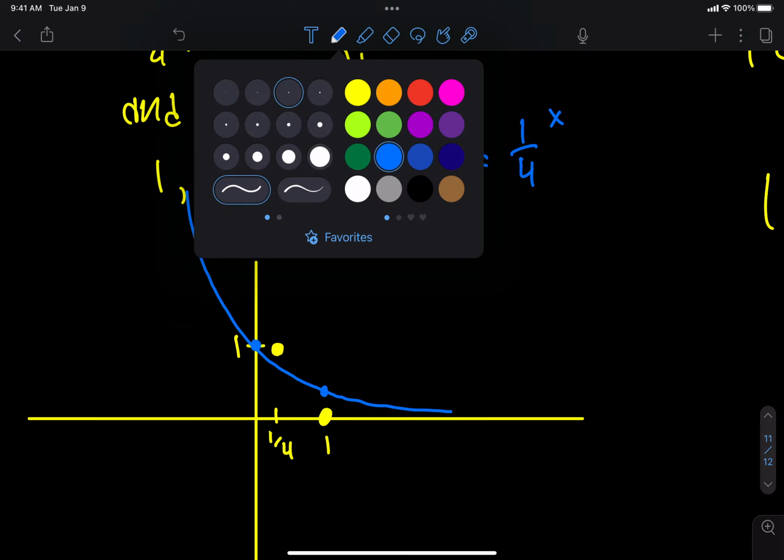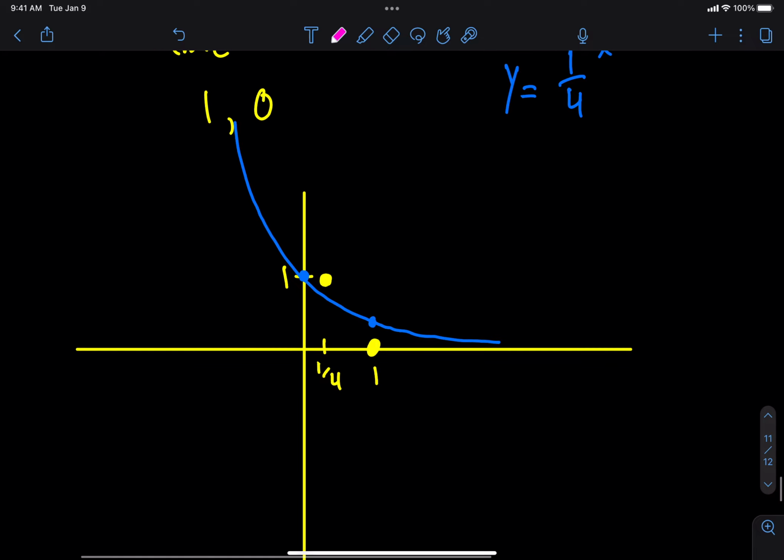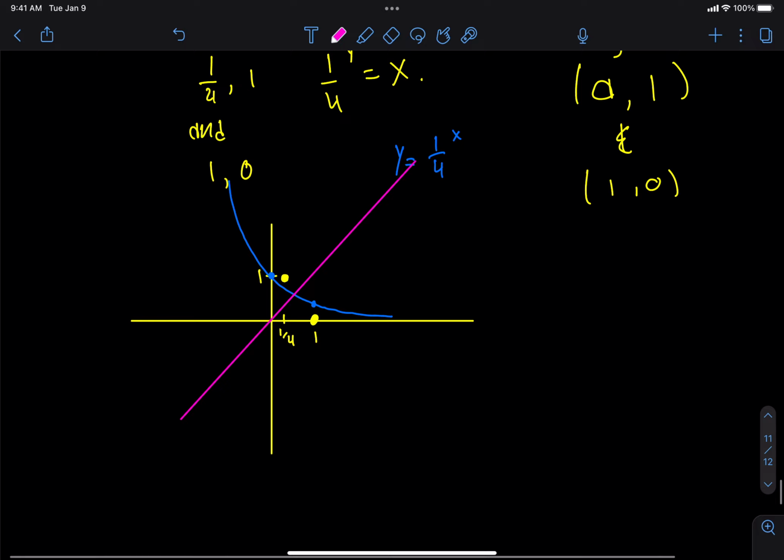Then we draw in the line y equals x. And what happens? This point gets mapped down here, and this point gets mapped to here, because we're going straight across the line y equals x. So this goes straight here, this goes straight here, and the rest of it is going to look like the following.